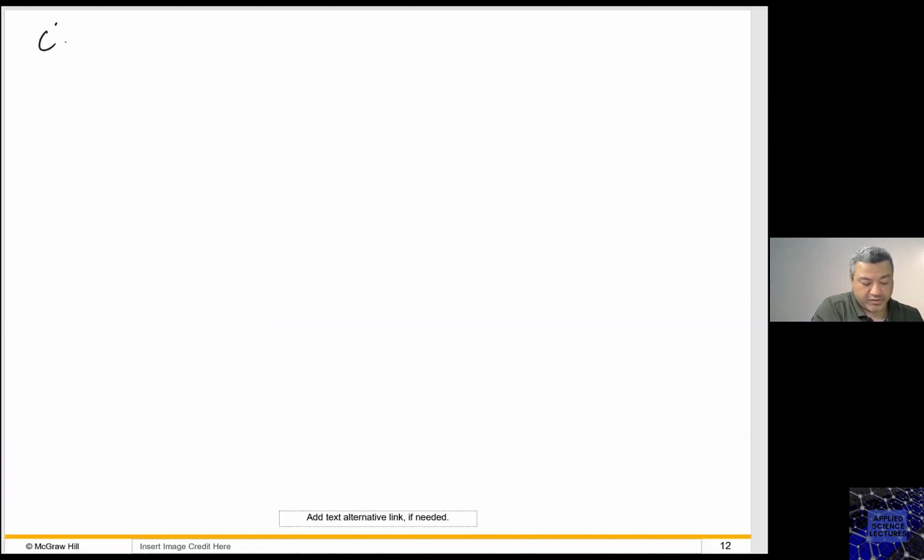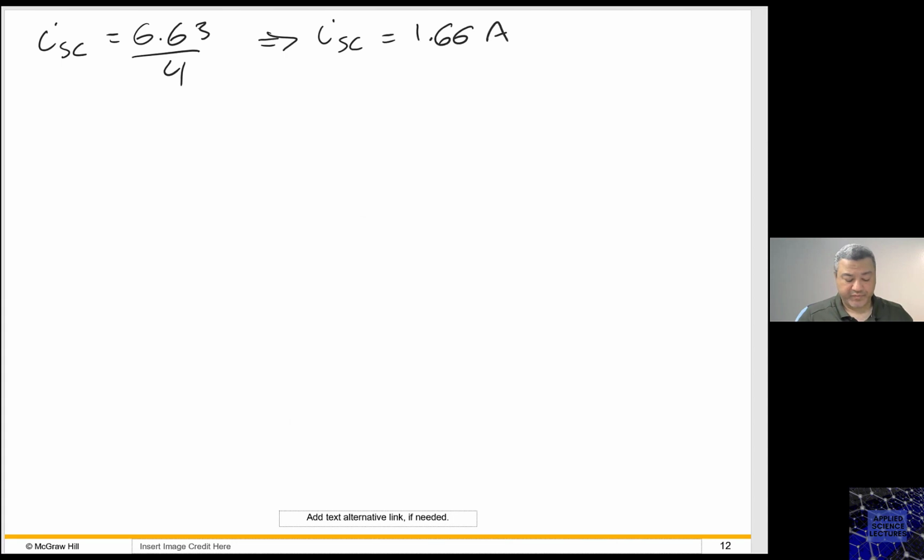So we have I short circuit, which is 6.63 divided by 4, 1.66 ampere, right?